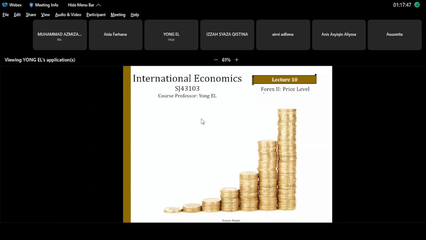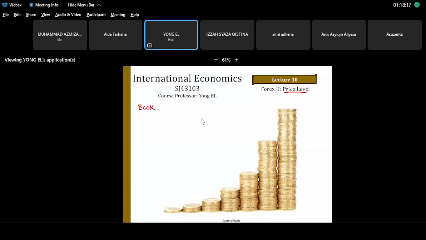Now this is Forex part 2, price level. Whenever we talk about price level, we can refer to an individual commodity or we can refer to a group of commodities. We can think of the price level of a book. What is the price of a book?